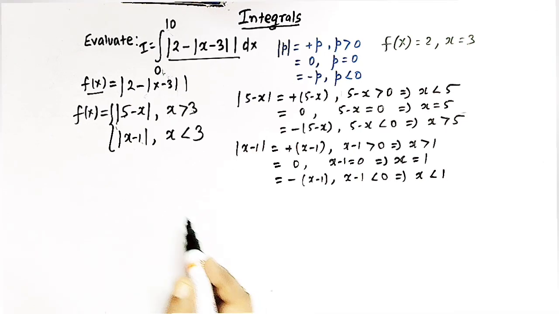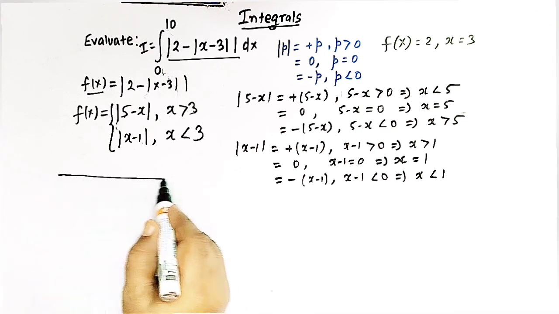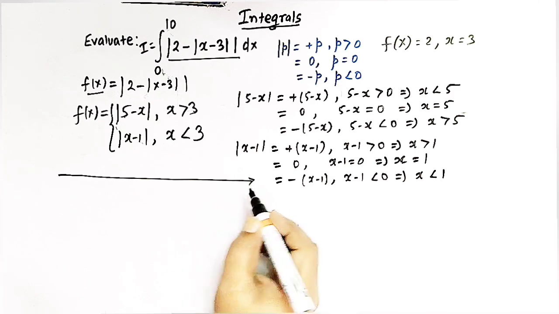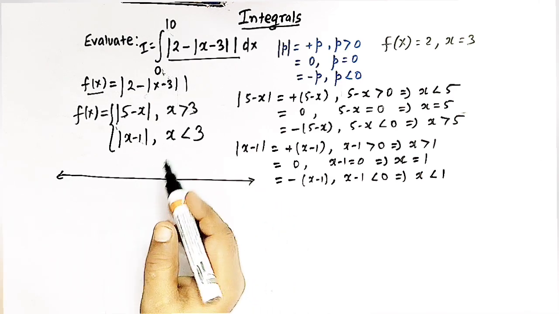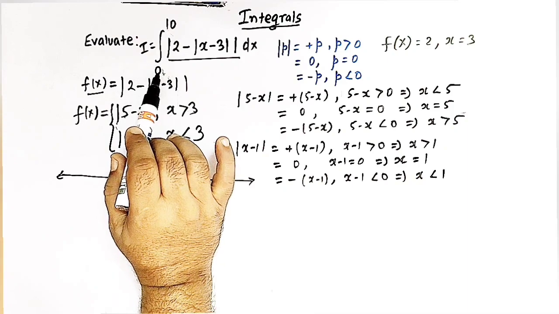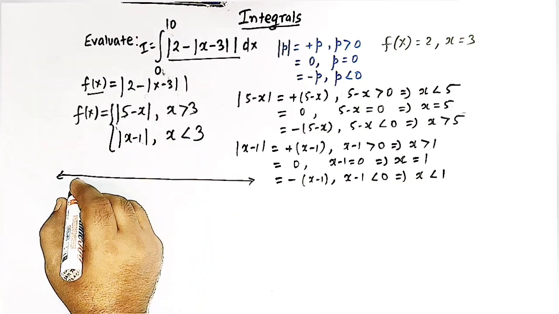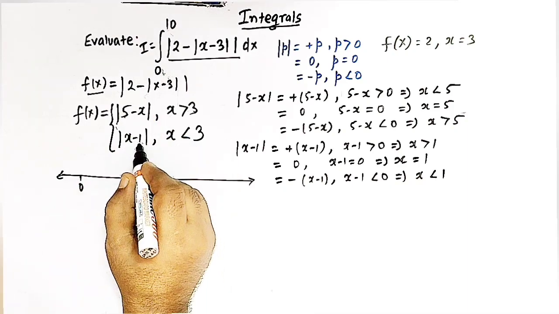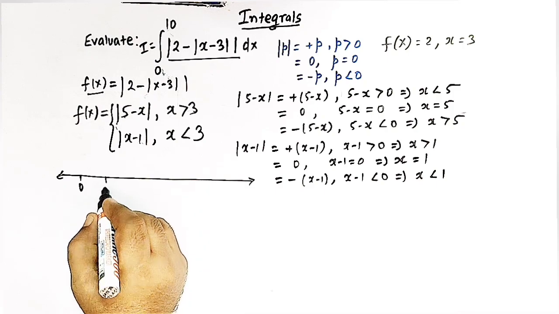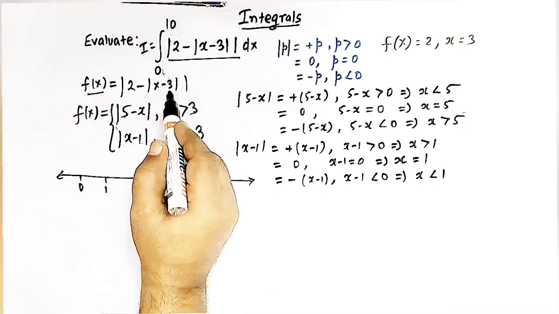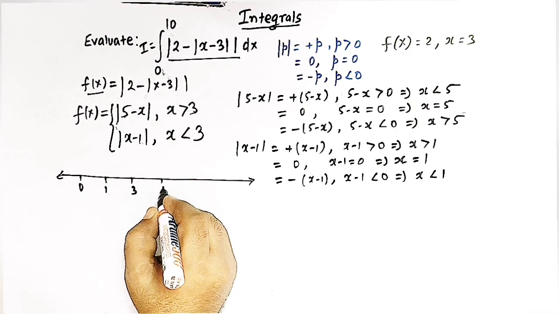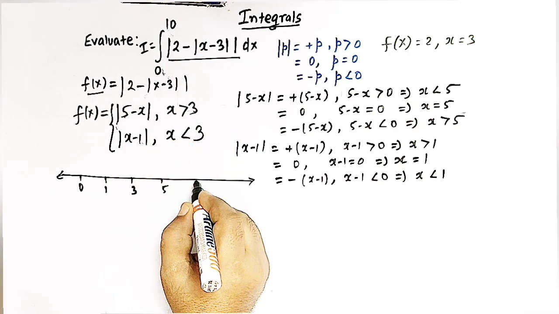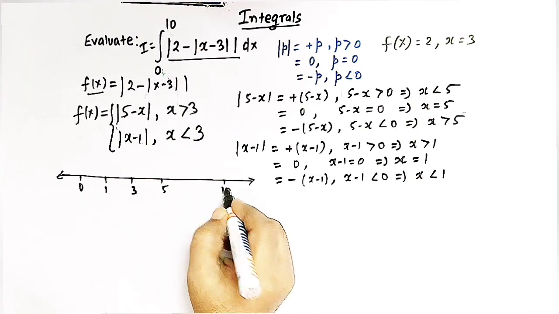So now let us draw the real number line here. So here we have the real number line, and let us represent the points. The first one is 0. So here we have 0, then we have 1, then we have 3, and then we have 5, and then we have here 10, right?